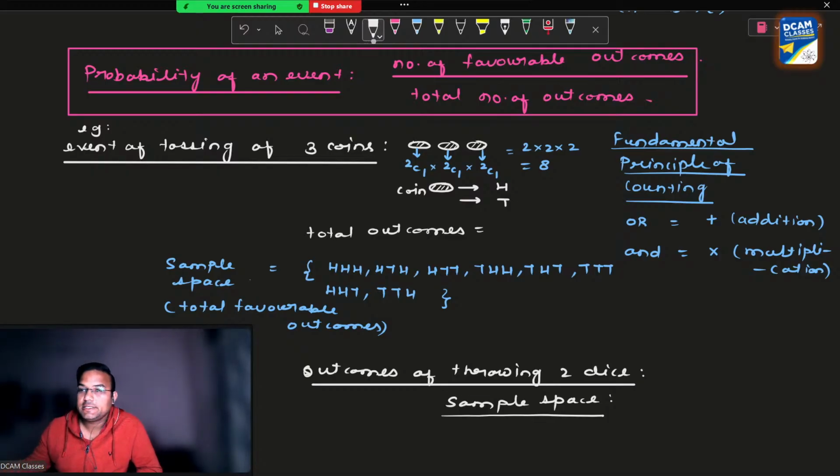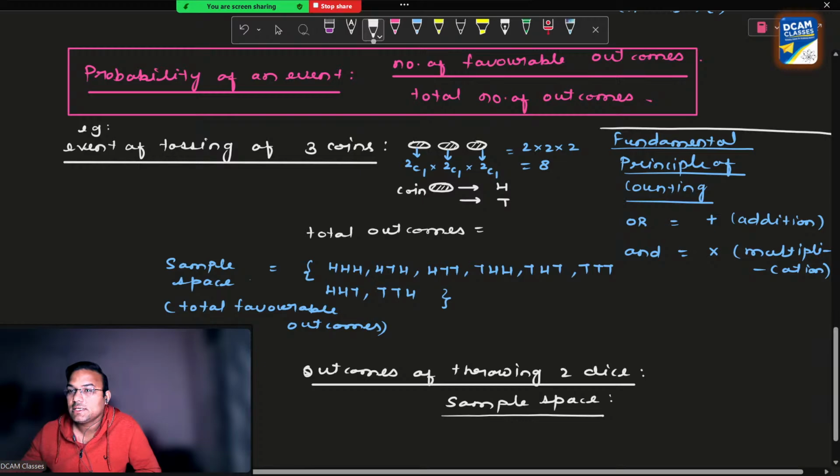See, Haripriya and Kanishka, I have told you this fundamental principle of counting. This is sometimes called the addition rule and multiplication rule of probability.